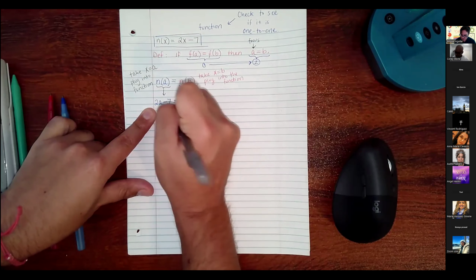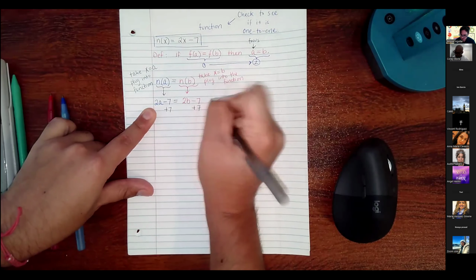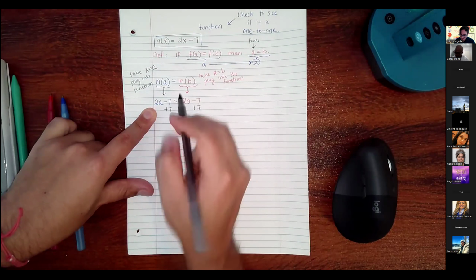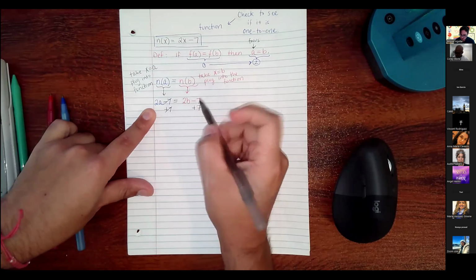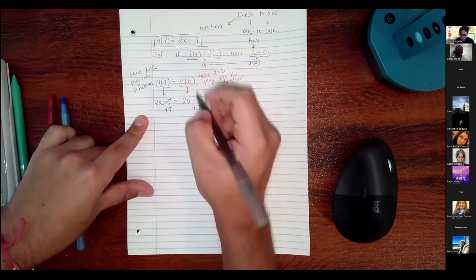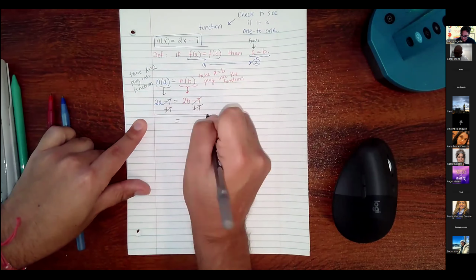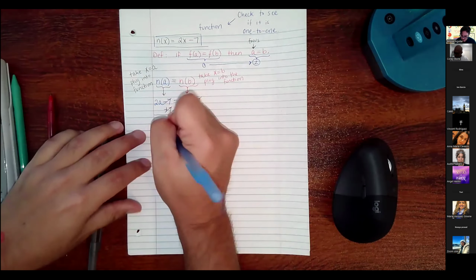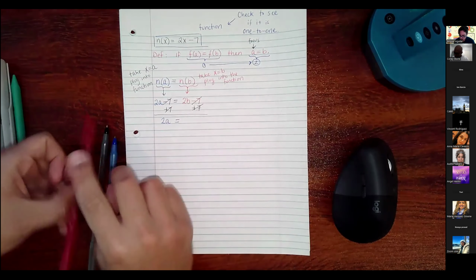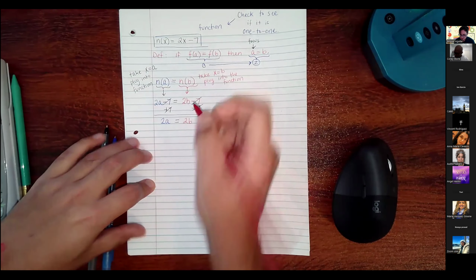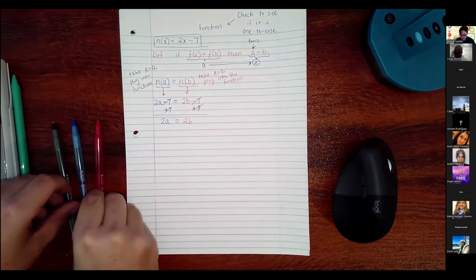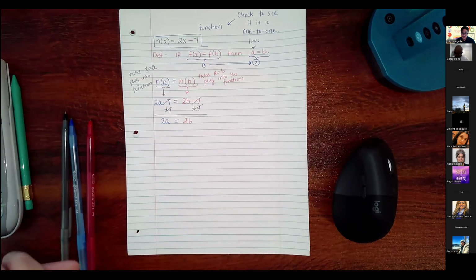Yeah, I'm just going to add 7 to both sides of the equation. But I have negative 7 plus 7. We know that cancels out. And I also have a negative 7 plus 7 over here that will cancel out. So what I'm left with is 2a is equal to 2b. Are you guys okay with that?